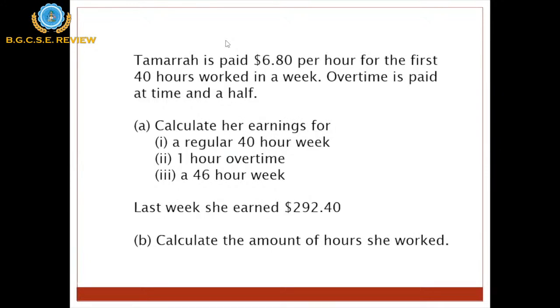Calculate the amount of hours she worked. So you have the same amount of time. I'm going to give you 5 minutes to work the problem. Remember, when you share your responses in the Q&A, please post all of your answers together. We have one response in the Q&A section so far.